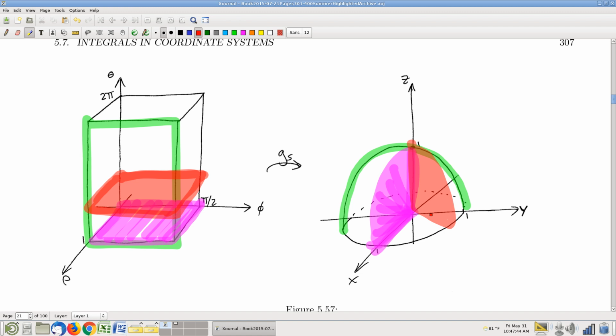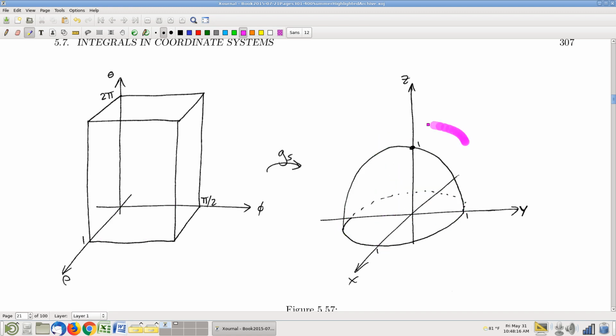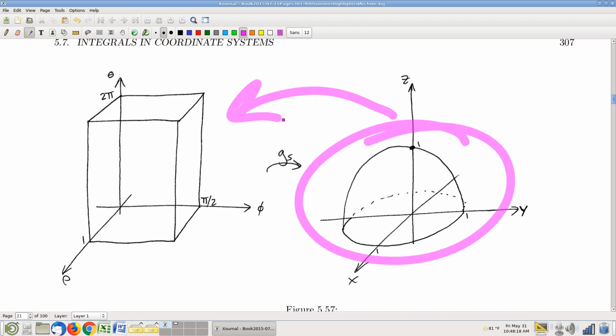So I need theta to go all the way up to 2 pi, where this then has this same purple image there. Everybody good? So the pullback of that domain is this rectangular box.